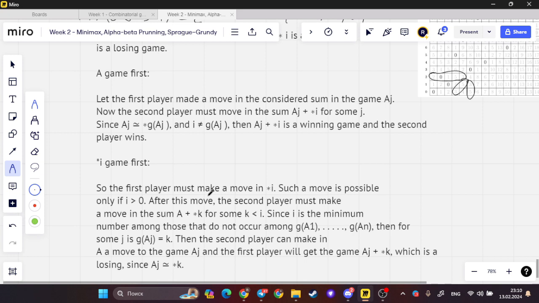Now let's prove it for the star E game, if the first player makes a move in the star E game.